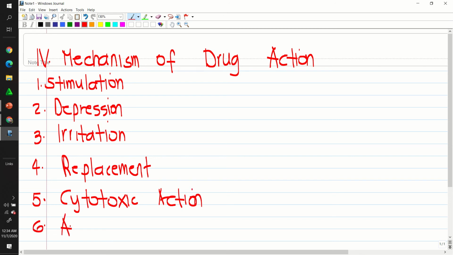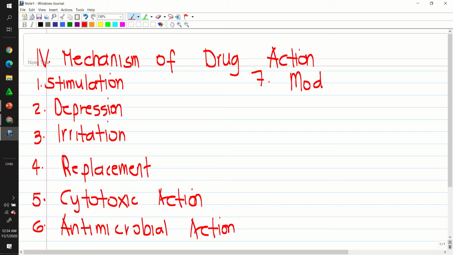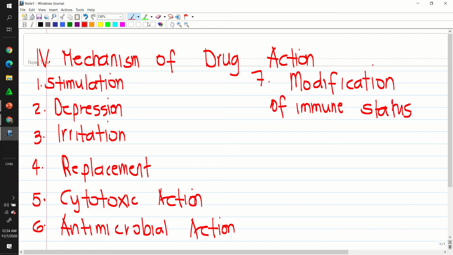Number 6, we have your antimicrobial action. And lastly, number 7, modification of your immune status. I will just write it above, adjacent to your stimulation. So there are seven mechanisms of drug action, which include stimulation, depression, irritation, replacement, cytotoxic action, antimicrobial action, and modification of your immune status.